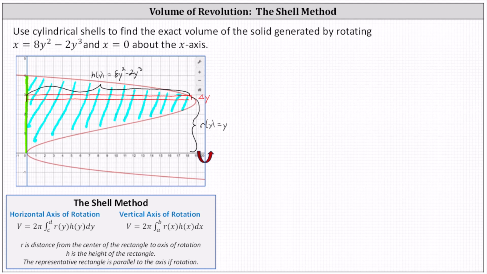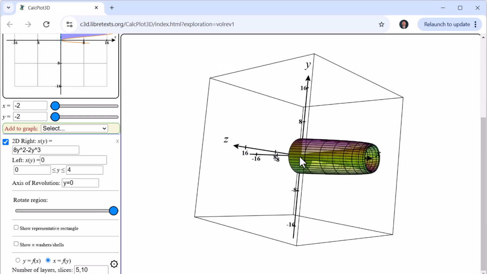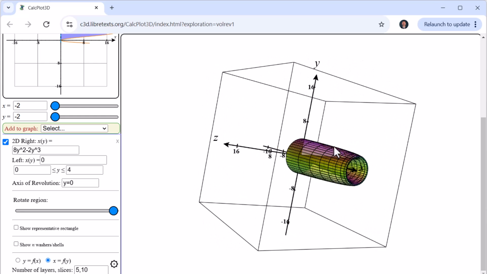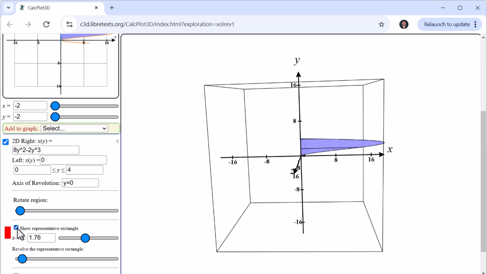Before we set this up, though, let's take a look at an animation. On the right, we see the graph of the bounded area. Let's rotate this about the x-axis. This shows the solid we want to find the volume of. And now let's go back and show a representative rectangle. So here we see a very thin representative rectangle.